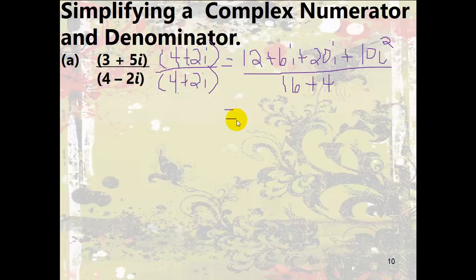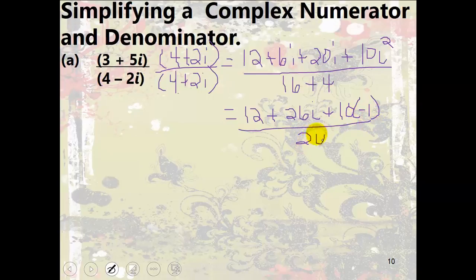Now I'm going to take my numerator and combine my i's, and substitute in a -1 for i squared, and I get 12 plus 26i plus 10 times -1 over 20.